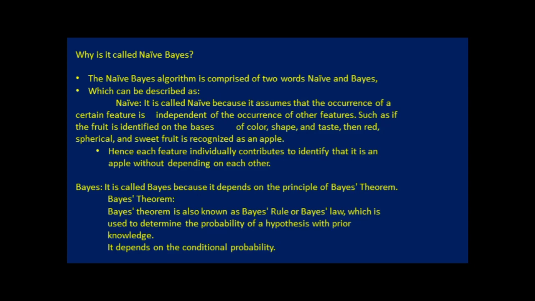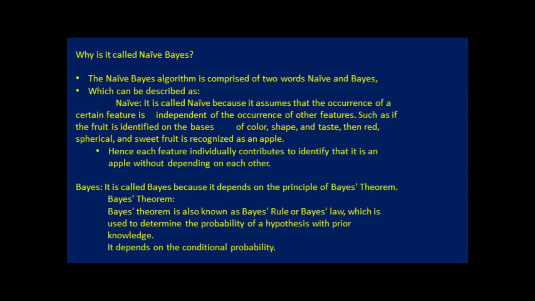So why is it called Naïve Bayes? There are two words: one is Naïve, another one is Bayes. Naïve means it assumes occurrence of certain features. For example, if the fruit is identified on the basis of color, shape, and taste, then we can recognize it as an apple.